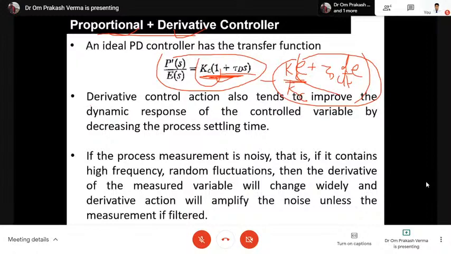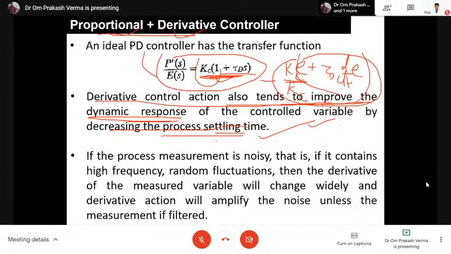The derivative control action tends to improve the dynamic response, as I told you. It gives a very fast response, but there is a very high error of the control variable. It decreases the settling time, but it will produce a very high error.